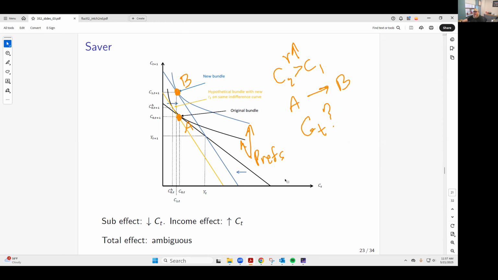The substitution effect puts downward pressure on consumption, but the income effect puts upward pressure on consumption. And so this is worth having a discussion over, because when we carry this conversation out in terms of policy, we have to consider that there are at least these two types of consumers, savers versus borrowers.